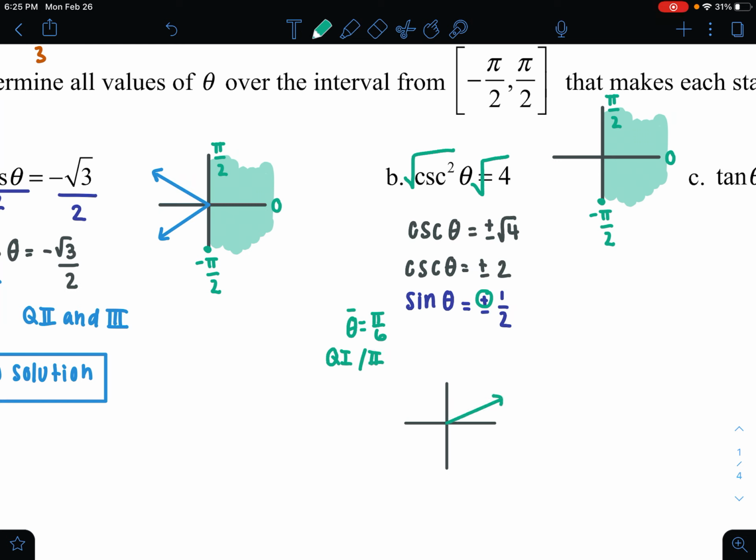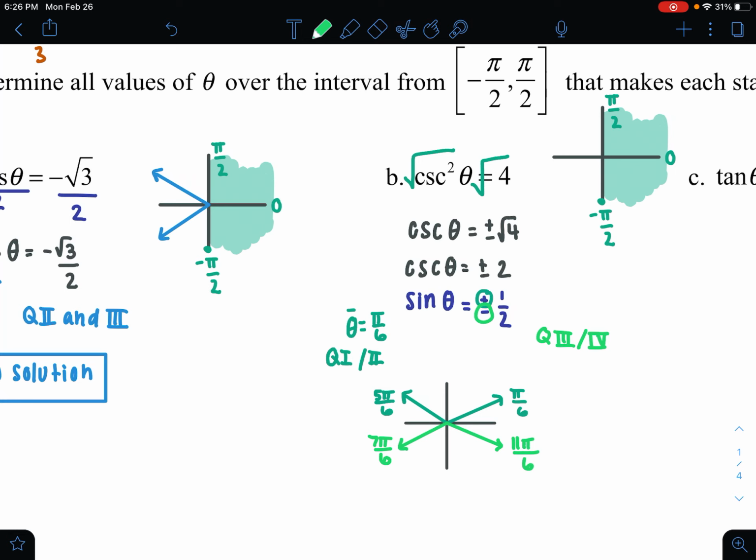So in quadrant 1, and when sine is negative, it's in quadrants 3 and 4. So normally we would say this, but there's an issue.